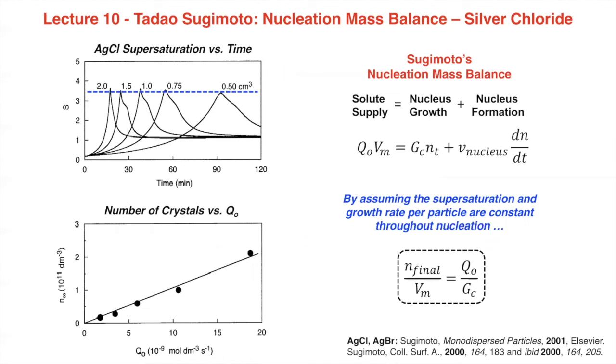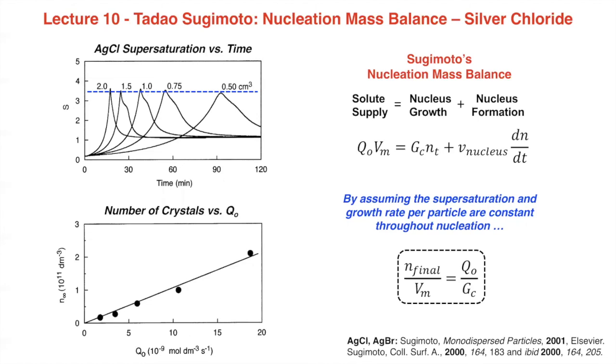So he did this by studying silver chloride. And silver chloride, of course, is a very important material because it was used for photographic films. So all of the major film companies that were making films for cameras and movies had to grow beautifully monodispersed silver chloride and deposit them on glass, or suspend them in a polyvinyl acetate film, and use that as a light sensitive material for generating an image.